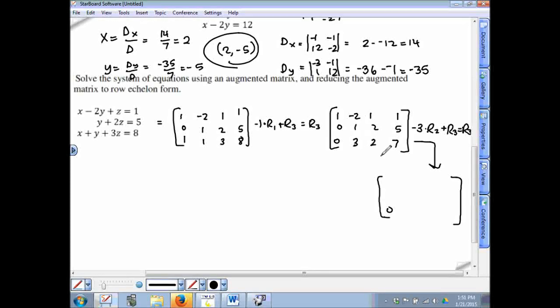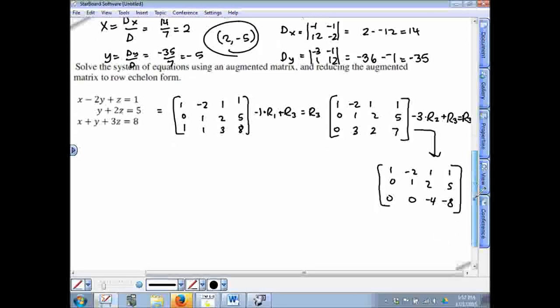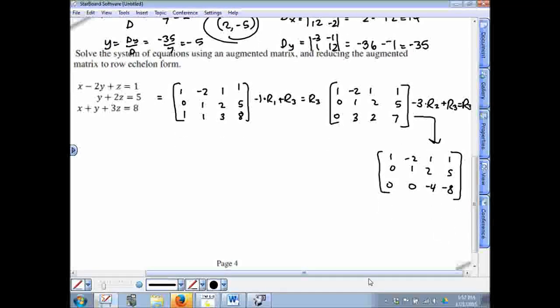Negative 3 times 1 is negative 3 plus 3 is 0. Negative 3 times 2 is negative 6 plus 2 is negative 4. Negative 3 times 5 is negative 15 plus 7. That's negative 8. And we're actually done.